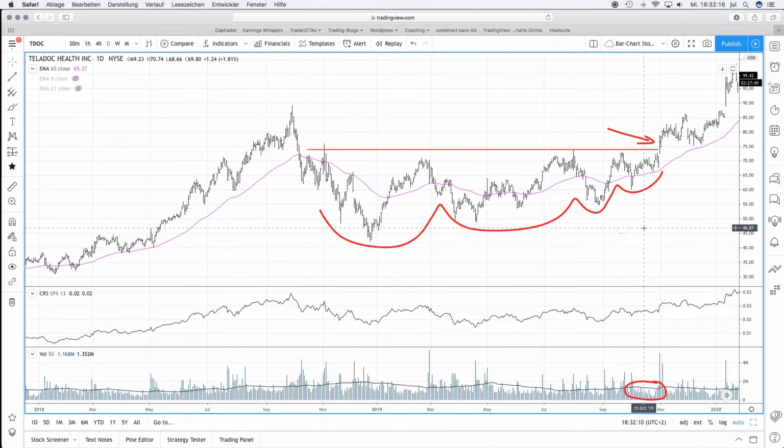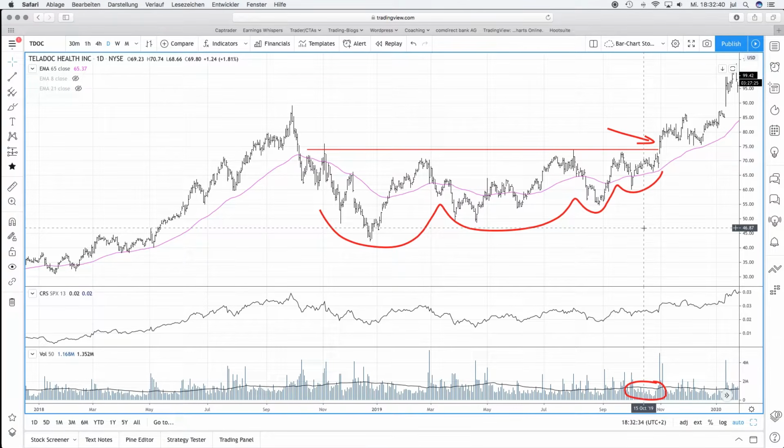Okay, this is a very short explanation, and this is just one example of a volatility contraction pattern. Maybe some words about chart patterns in general. There is a misconception out there about chart patterns. A lot of people think that a chart pattern itself is a valid setup.